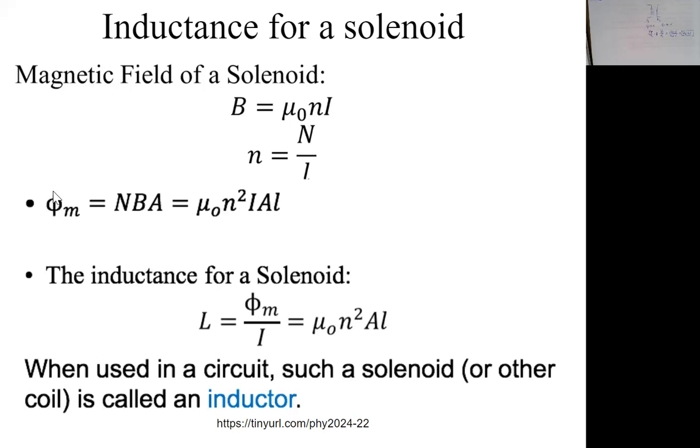In that case, the magnetic flux can be calculated as N times B times A, and then cosine of theta. Theta is 0, cosine theta is 1.